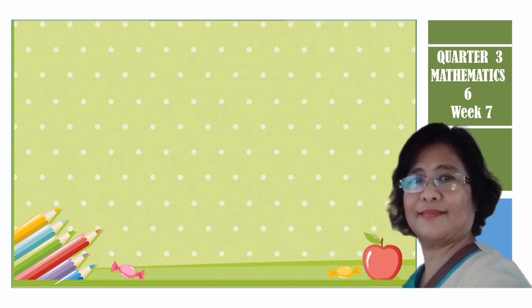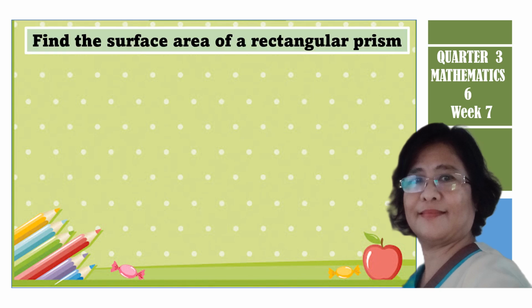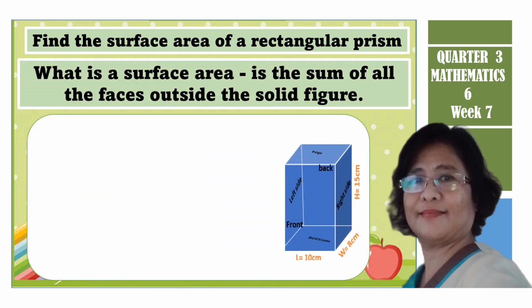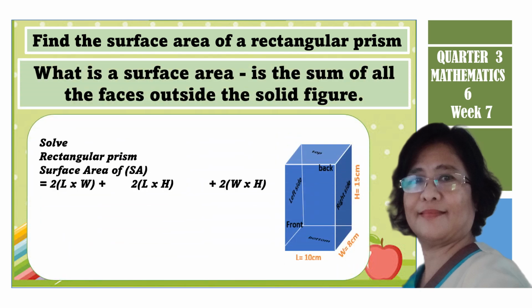Let us now formulate the formula for the rectangular prism. Let us start with the top and the bottom. So for the top and the bottom, we have the length and width. So it is congruent, that's why we have 2. So for the front and back, we have the length and the height.